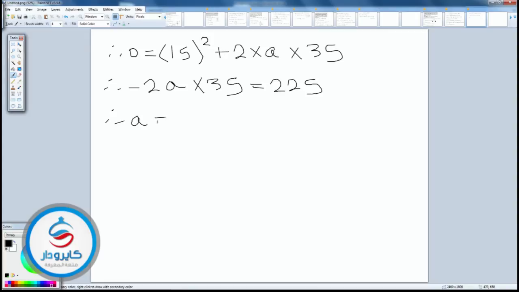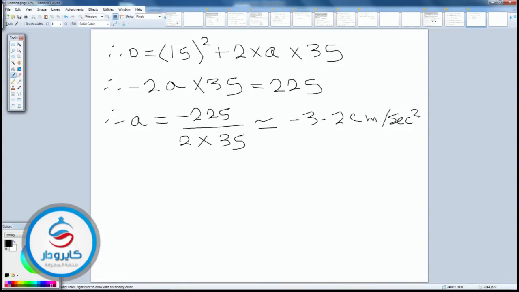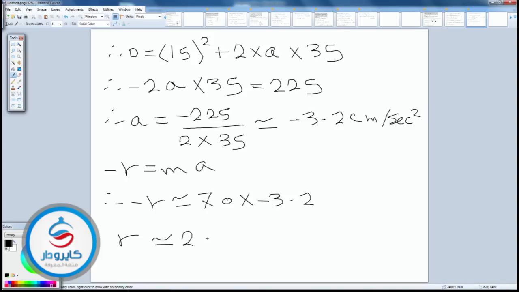Therefore, A equals negative 225 over 2 by 35, approximately negative 3.2 centimeter per second squared. Negative R equals MA. Therefore, negative R approximately 70 by negative 3.2, R approximately 224 newtons.